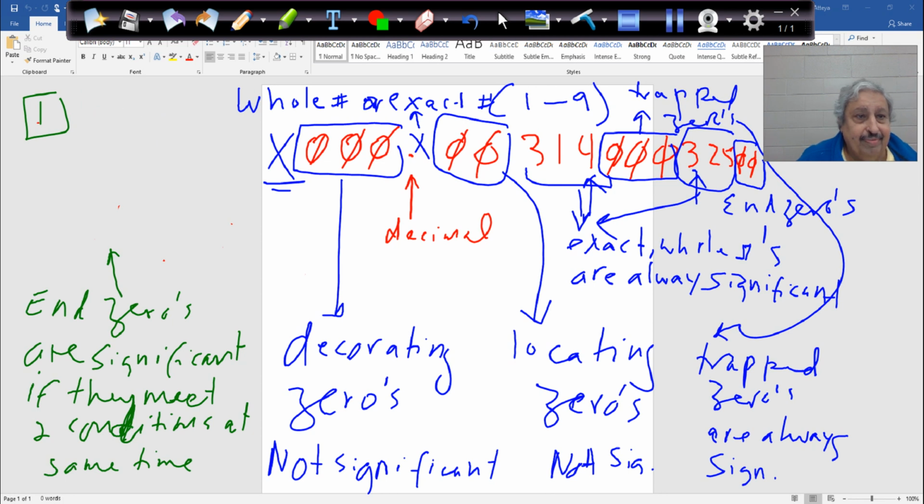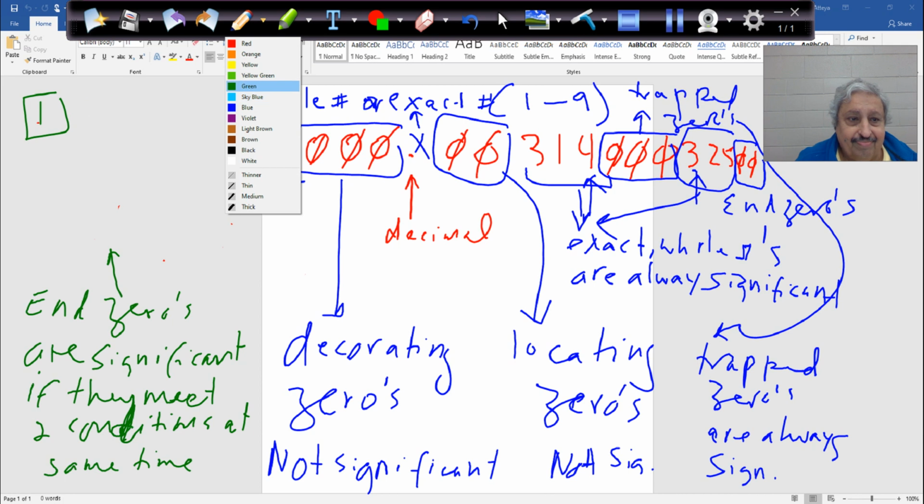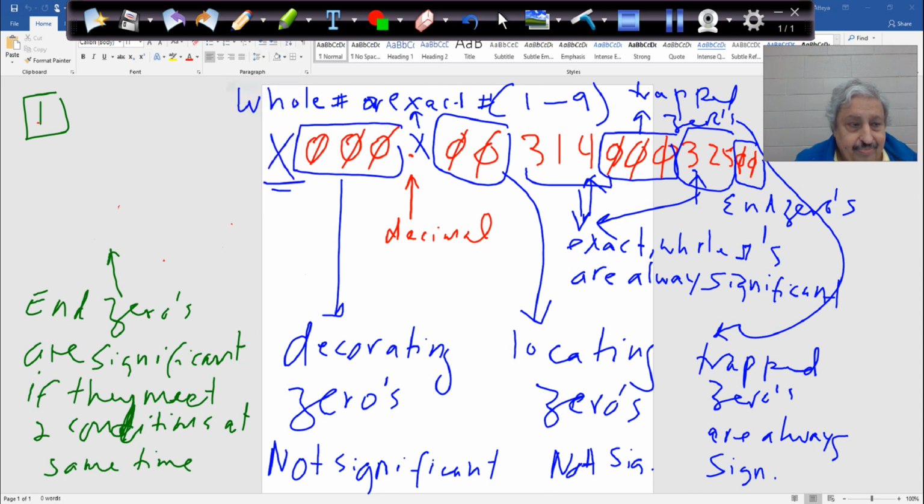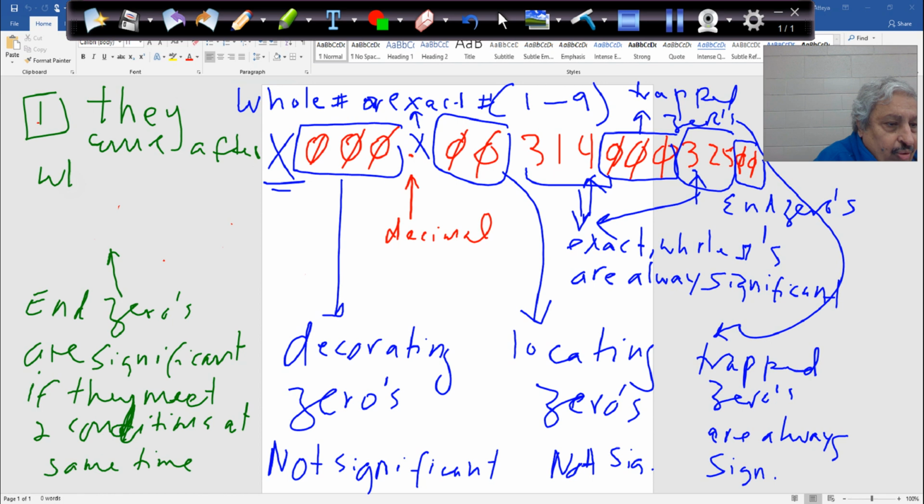It's not allowing me to write, anyway, so they come here after whole exact number.